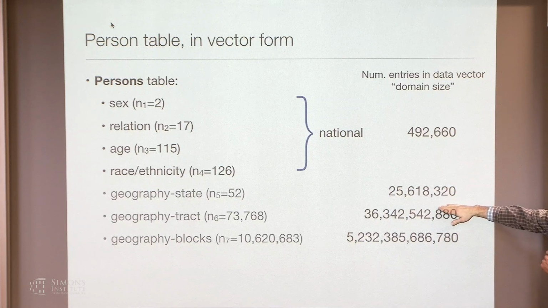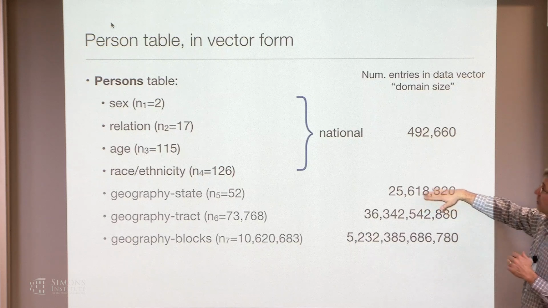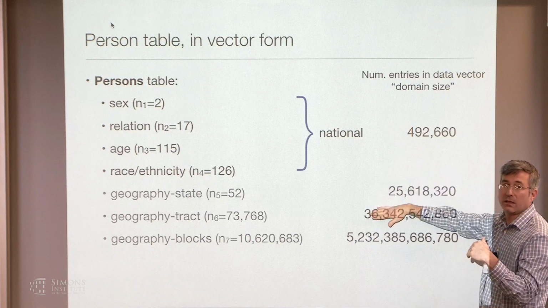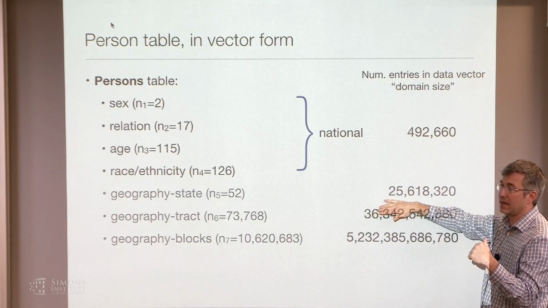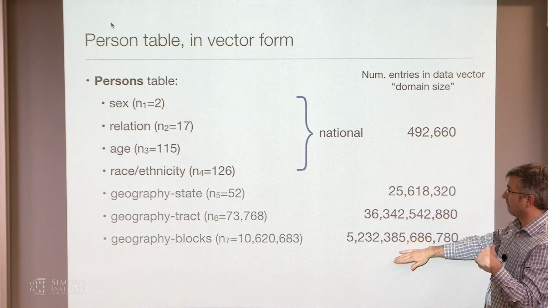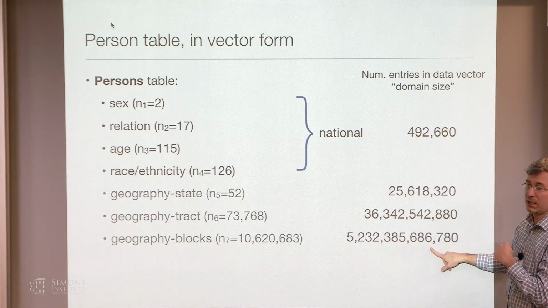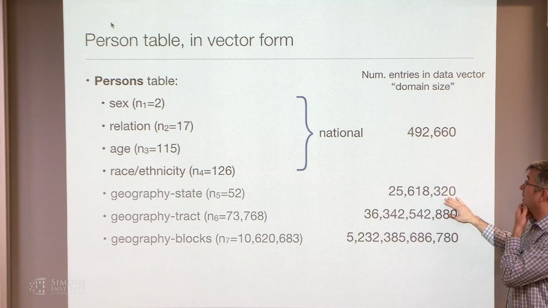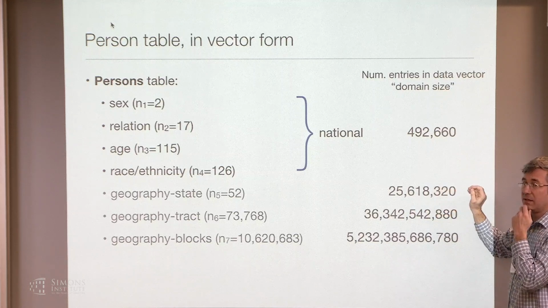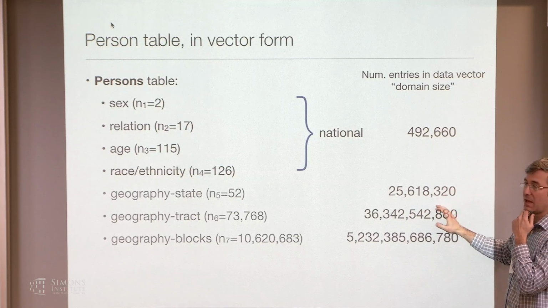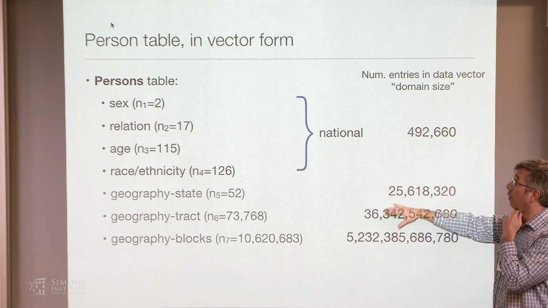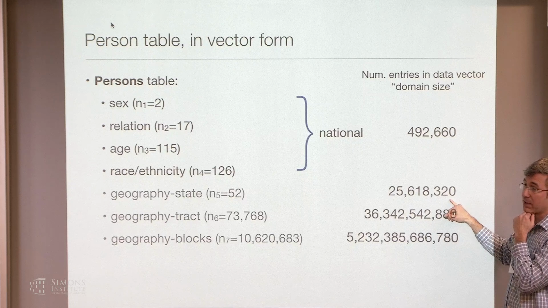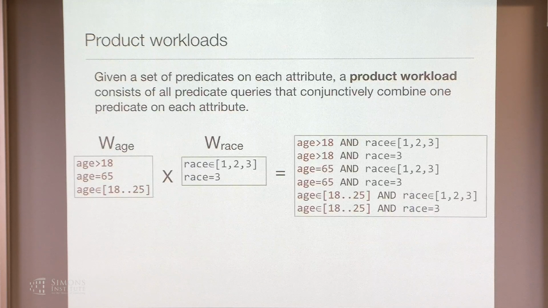We would have 25 million values if we did all of these demographic possibilities times the 52 states, and then a bigger histogram if we include full geography. So now, if we run the matrix mechanism, the SDP we have to solve is over a workload matrix with 25 million columns, and so we're in trouble.